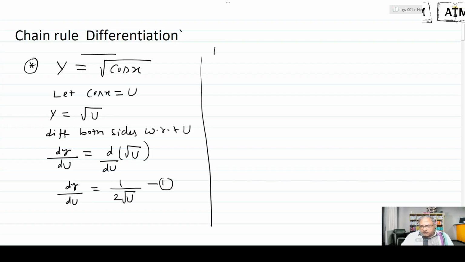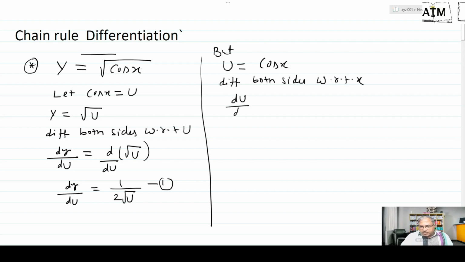And after that, you remember this is a turning point that comes after step 1. u equals cos x, then differentiating both sides with respect to x, du by dx equals the differentiation of cos x with respect to x, equals minus sin x. Call it equation number 2.